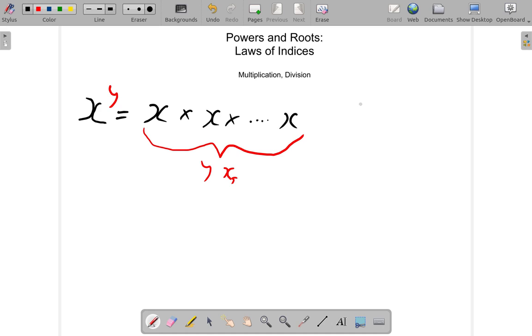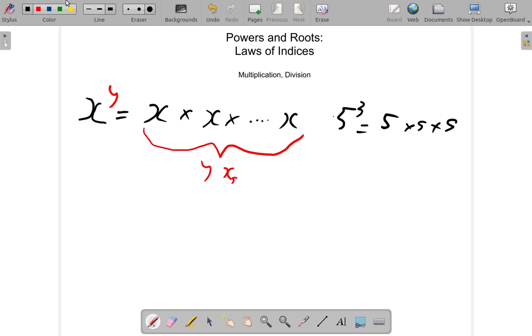In terms of looking at an example, if you say 5 to the power of 3, what it means, you have 5 times 5 times 5. You remember that? So there are 3 5s.